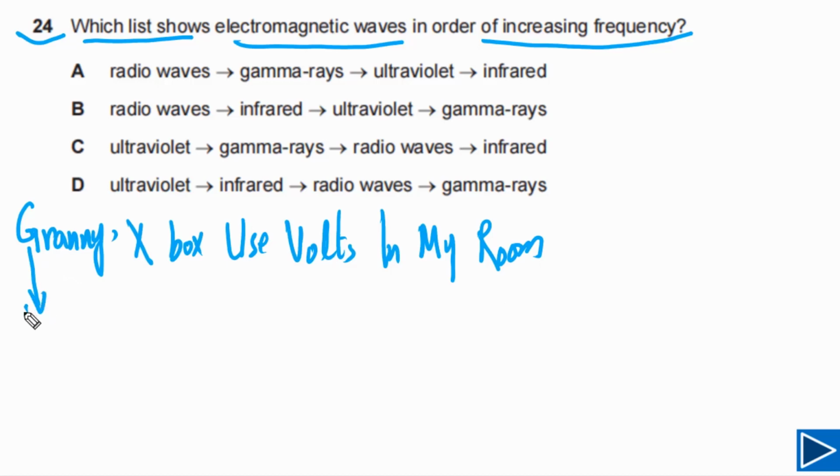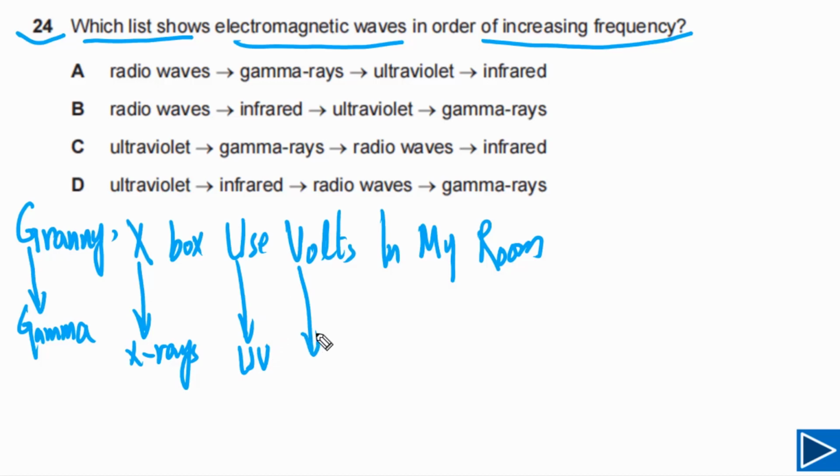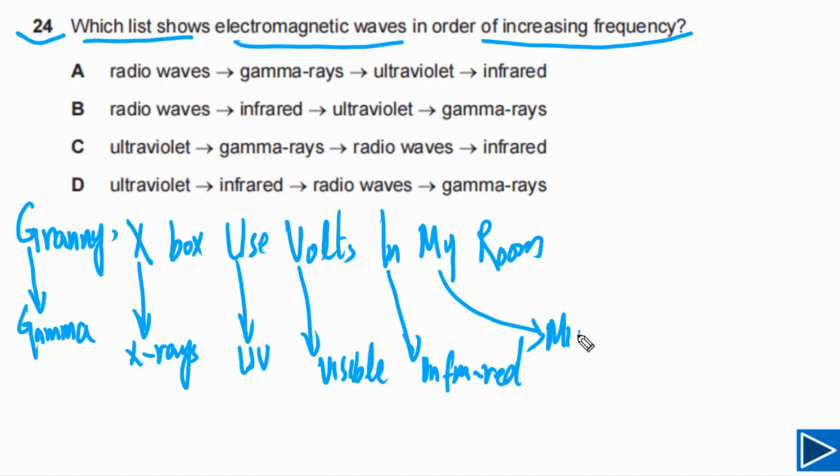G here is for gamma radiations, or you can say gamma waves. X here is for X-rays. U here is for UV, meaning ultraviolet. V here is for visible light. I here is for infrared, and M is for microwaves, and R for radio waves.